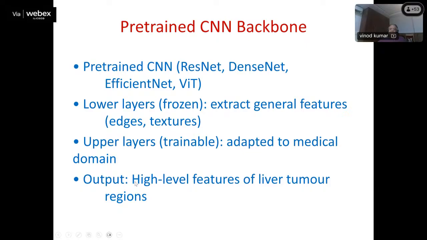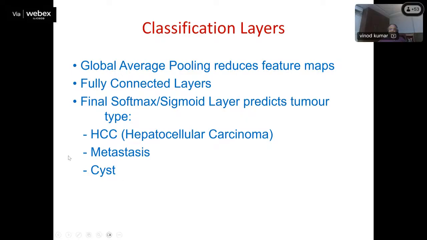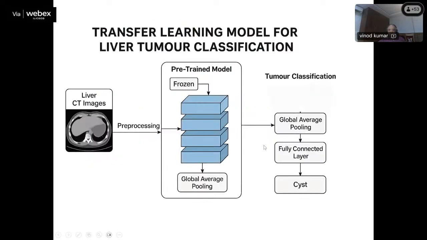Then global average pooling reduces the feature map, a fully connected layer does classification, and a sigmoid layer predicts the tumor classes. At first level we did 3 classes: SCC, metastasis, and cyst. The data is also equally distributed, so no bias is there. This was the model on which some of my students are working.